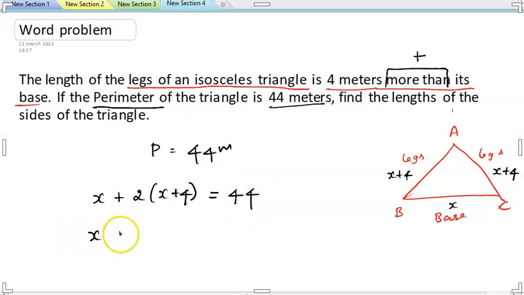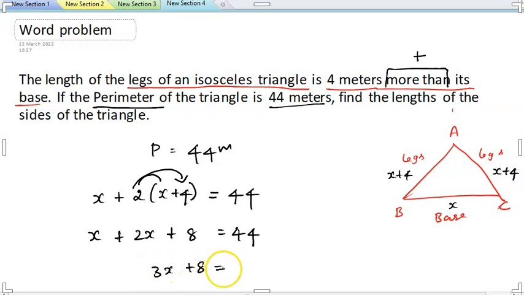So I have x here, and 2 times x equals 2x plus 2 times 4 equals 8. That is equal to 44. And I'm simplifying further, x plus 2x is 3x plus 8 equals 44. And then, one second.